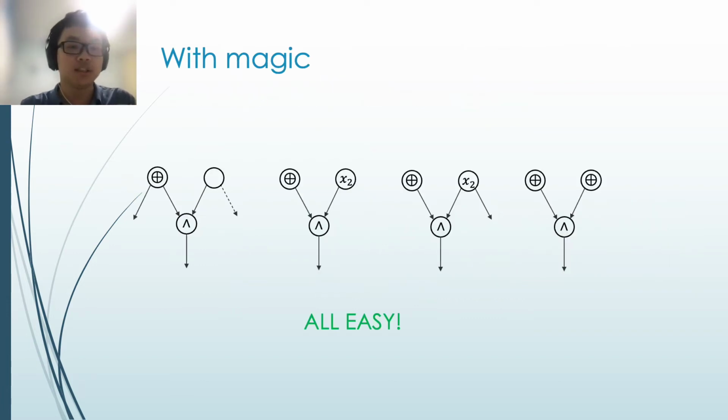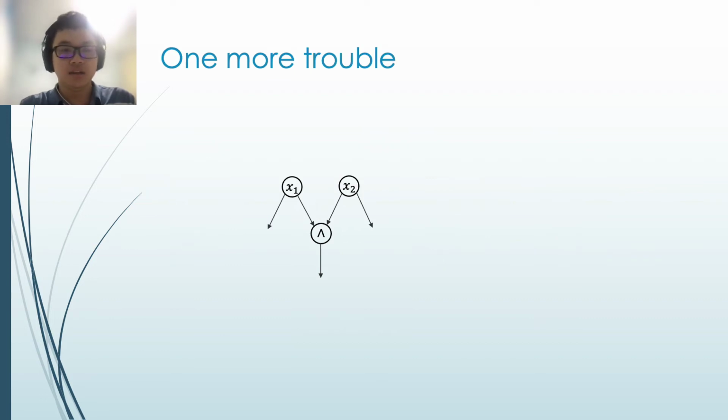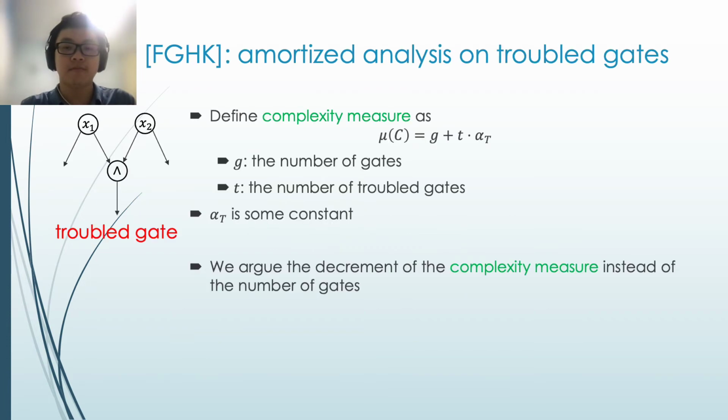With the magic, we can show that all these 2 cases can be handled while eliminating 4 gates, so they are all easy. After considering all these cases, there's only one more trouble, this case. This is the only case left unsolved. We can only eliminate 3 gates using previous arguments.